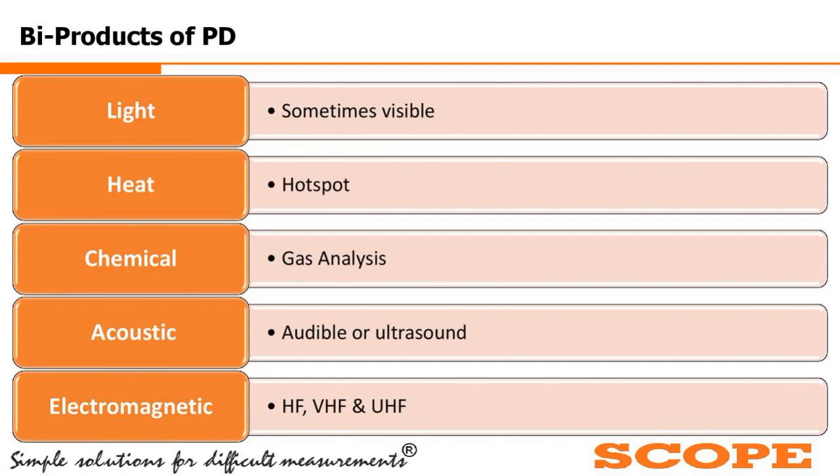And then there are the electromagnetic waves that are generated. For partial discharge measurement, these electromagnetic and ultrasound acoustic signals are the most important ones measured. Based on them, what type of PD it is and how severe it is can be detected.